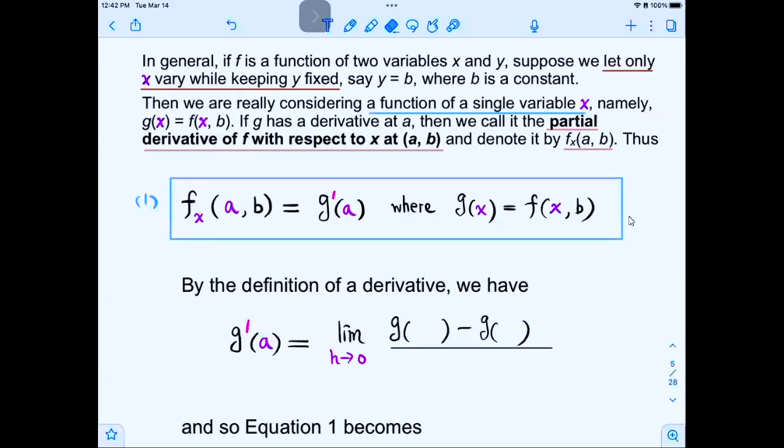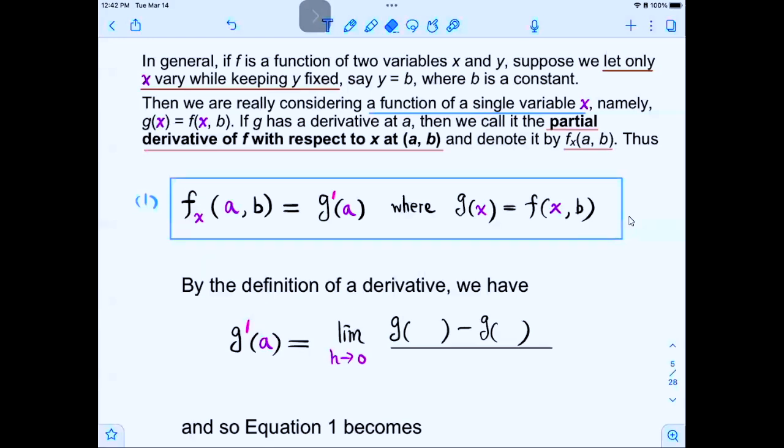And then we call the new function g. Then the derivative of this at a is called the partial derivative of the function with respect to x at a comma b. So if you fix b and let x here vary, the g here, if it has a derivative at a, then the partial derivative is denoted by this.